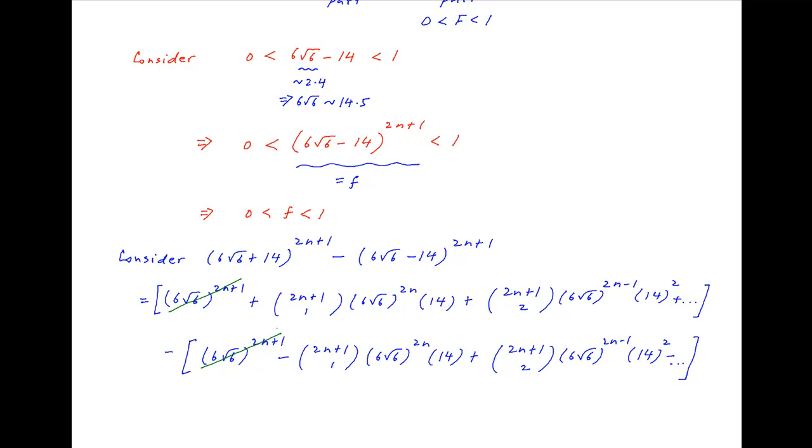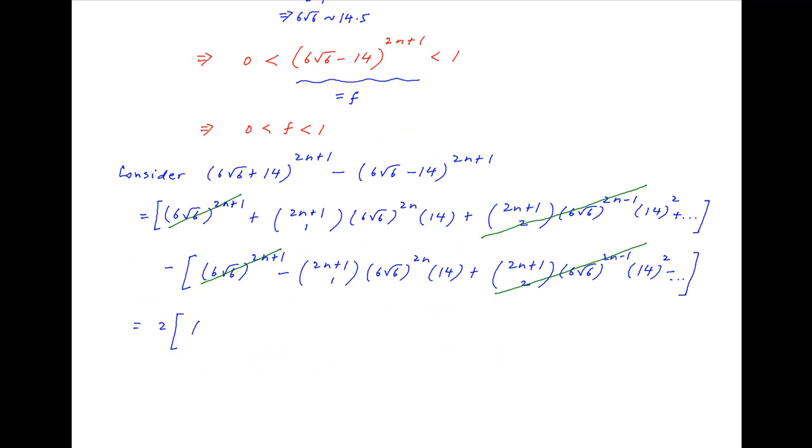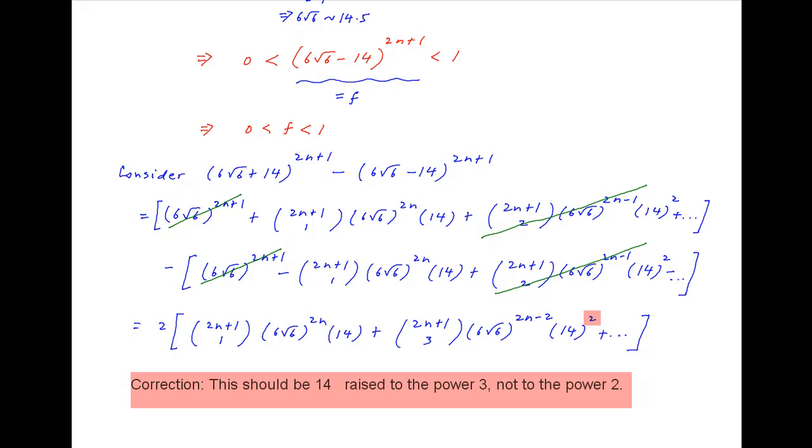Notice that the odd number terms cancel out between the two expressions, and we are left with 2 times, in brackets, (2n+1 choose 1)(6√6)^(2n)·14 + (2n+1 choose 3)(6√6)^(2n−2)·14³ plus and so on.